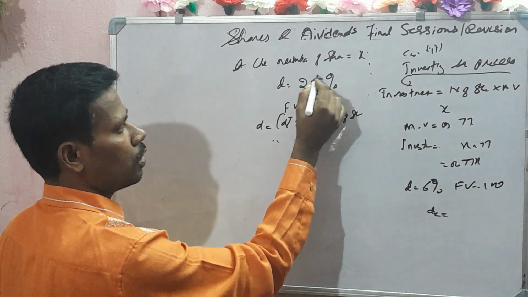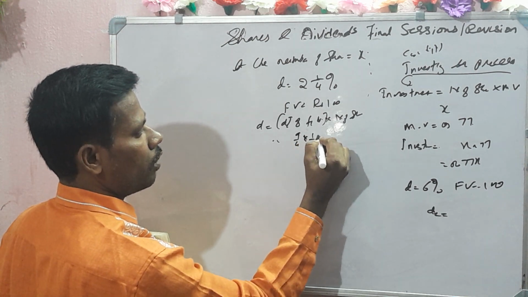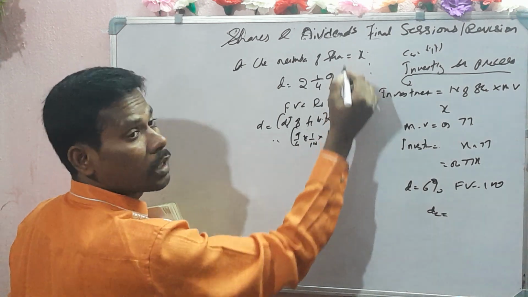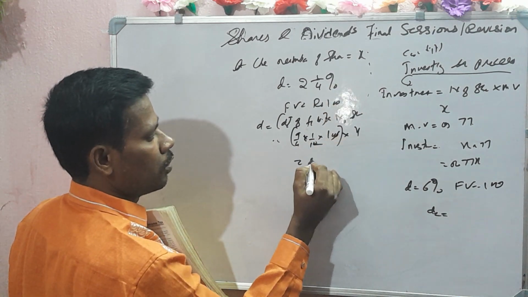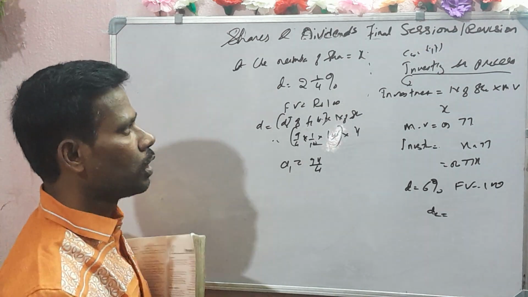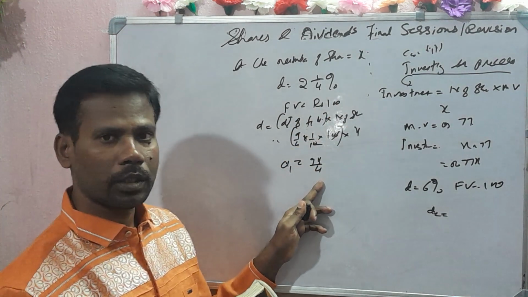Dividend percent is 9/4 into 1/100, face value is 100, into number of shares x. So 9x by 4. This is D1. Are you following this? This is the formula I applied. I got rupees 9x by 4.